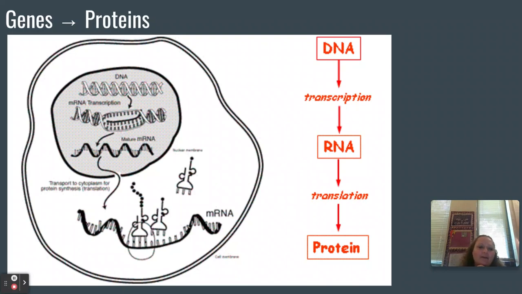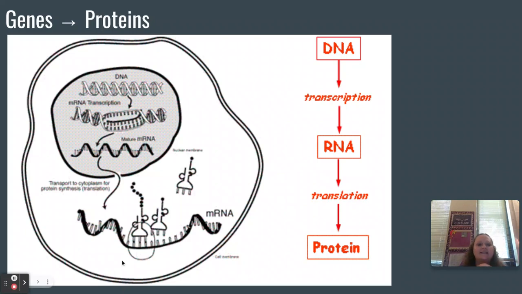Well, these little things called tRNAs, which you see coming in, they're the weird looking things right here. Each tRNA has an amino acid attached to it. Each tRNA pairs with a segment of mRNA.